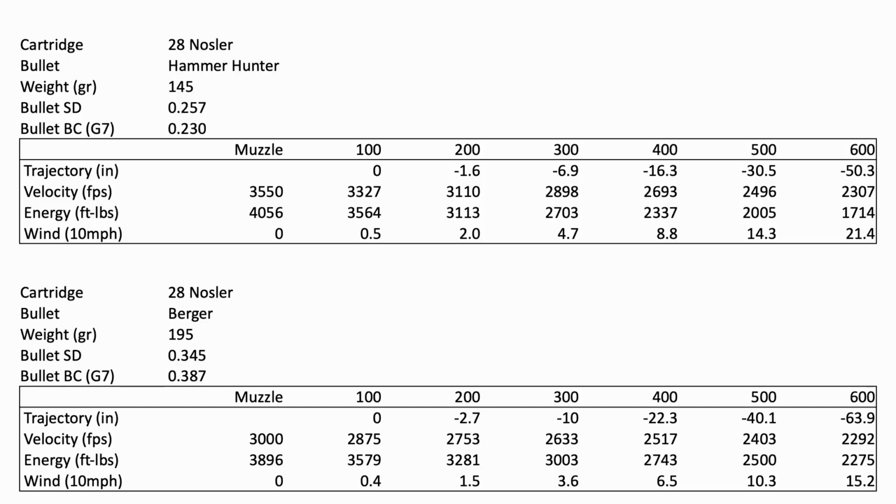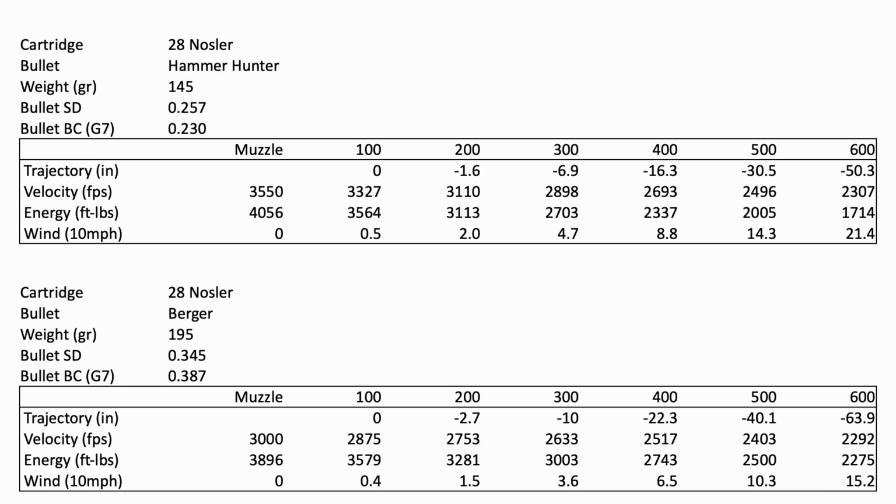All right, so you can see I have the numbers up here on the screen, and I'm looking at the 28 Nosler 145 grain Hammer Hunter. I have the bullet sectional density at 0.257, G7 ballistic coefficient at 0.230. Now, when we look at the velocity, I've chronographed this myself. I'm getting velocities at 3550, and what that lets me really do is I've got a laser beam for a rifle.